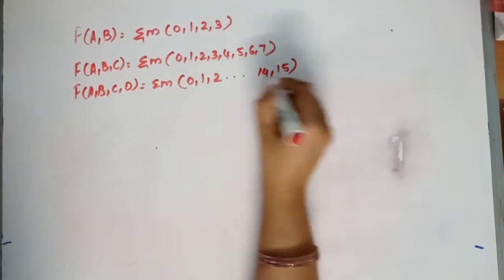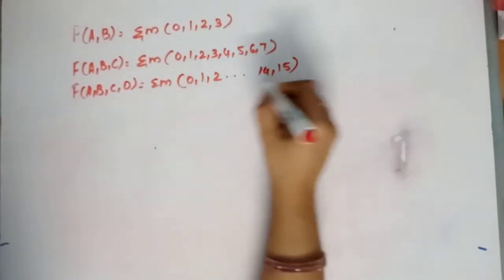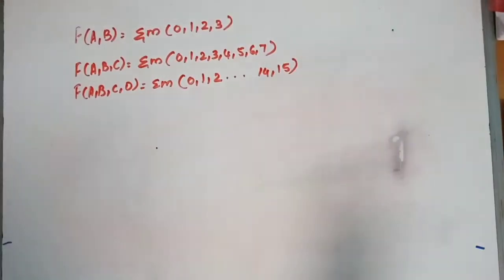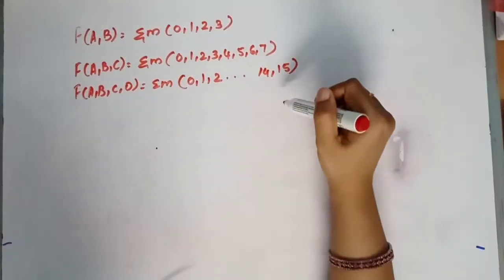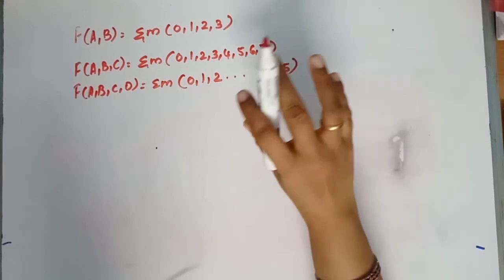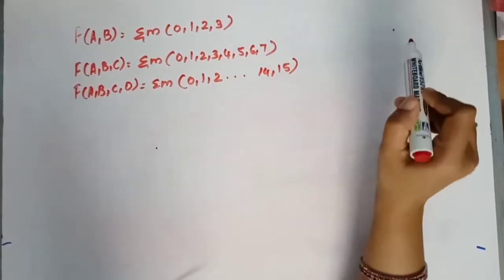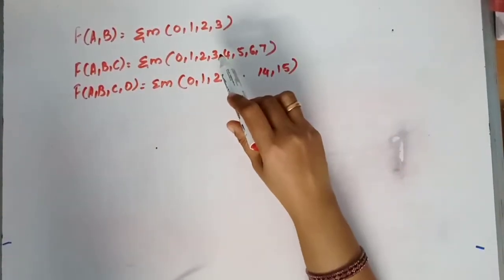That is all the numbers from 0 to 15. So in all these three cases, we know that all the cells in that particular Kmap are filled.